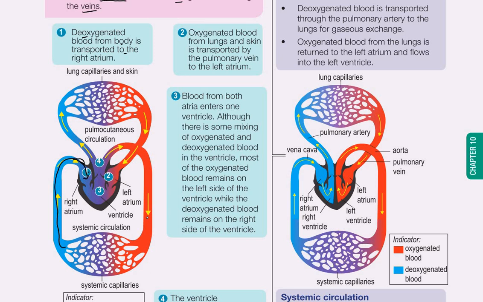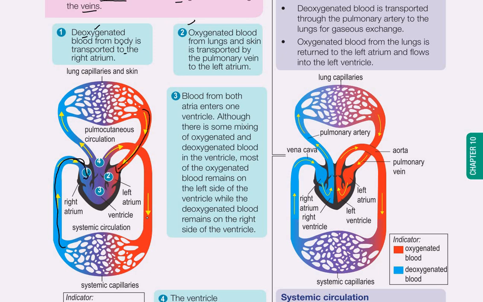Okay, for number 2, actually I like to explain not like this, but let's just follow the textbook first, because maybe you are a bit confused here, never mind. Oxygenated blood from lungs and skin is transported by the pulmonary vein to the left atrium. So now you can see number 2. The movement of the oxygenated blood is from the lungs and skin.